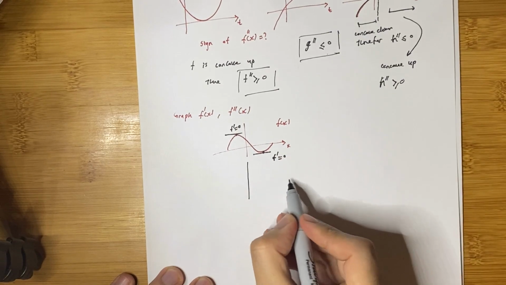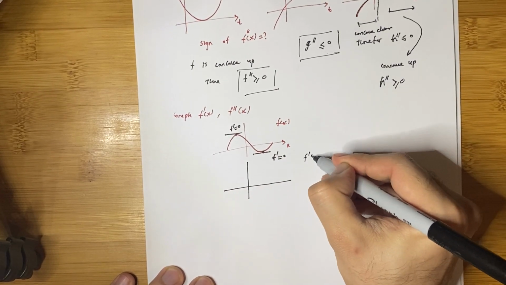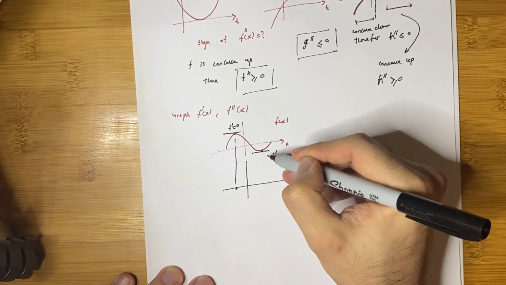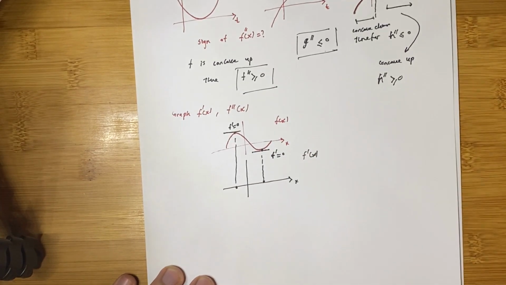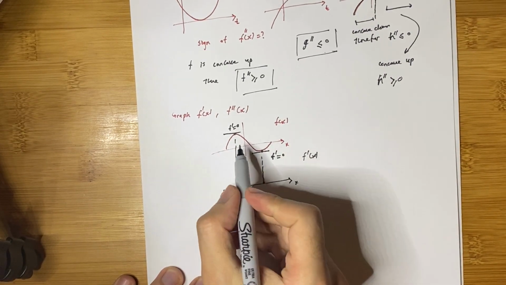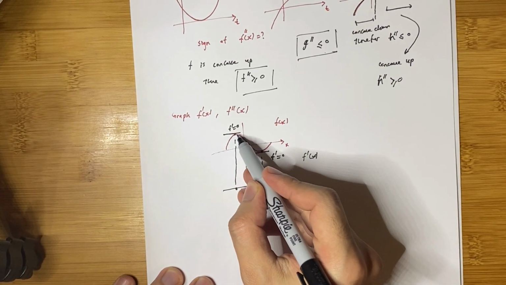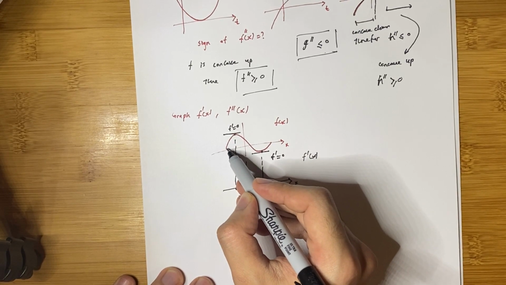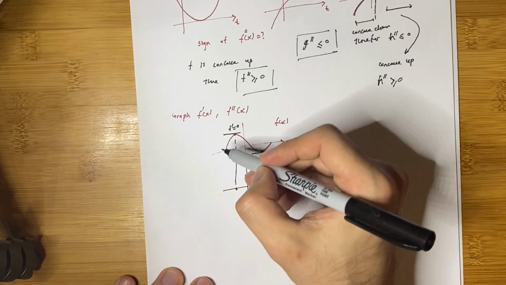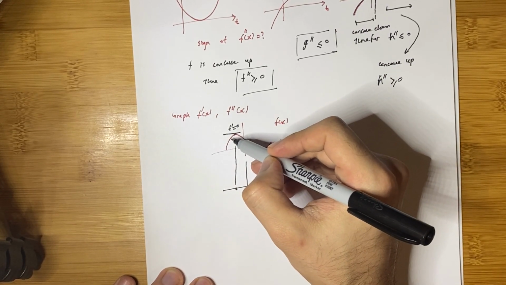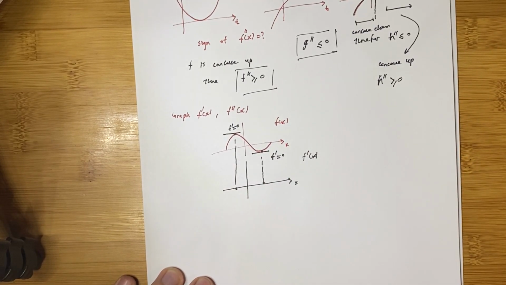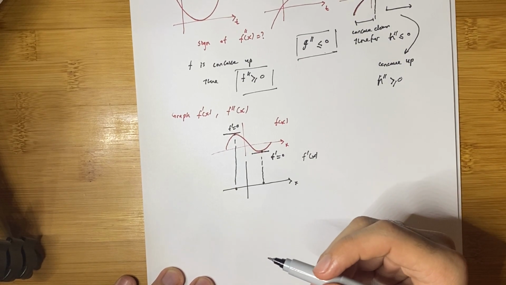So if we draw f prime here, this point will be on the x-axis. And then from this segment, from here to here, the slope of the function f of x is positive. If the slope is positive, that means we have positive values of that function.